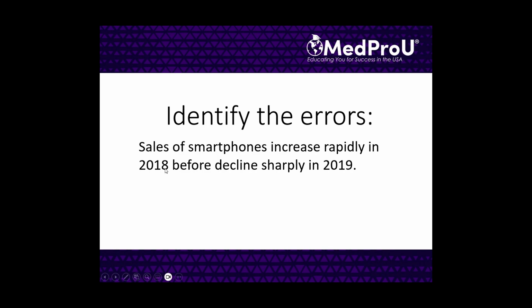Now, how about this one? Sales of smartphones increased rapidly in 2008 before declined sharply in 2019. There are two words that you need to change here.